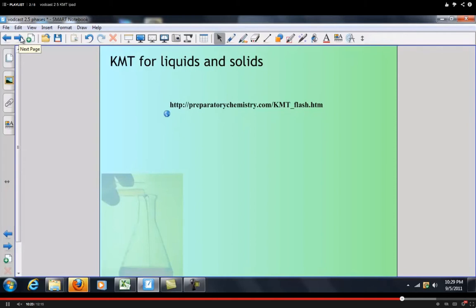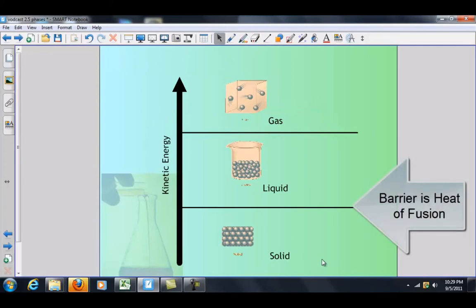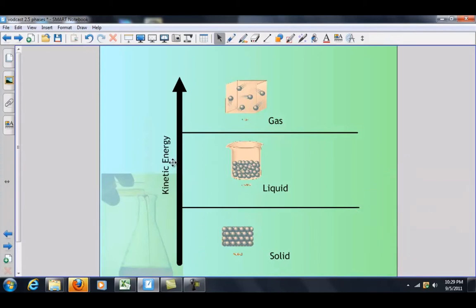So as a wrap up here, just make sure that you're understanding that if you have a higher temperature, you'll have faster moving molecules and therefore more kinetic energy. So here's just one little last diagram I'd like to show you. Notice that as kinetic energy is increasing, we're going from a solid at low kinetic energy, moving to this barrier point, sliding past this barrier, going up into a liquid phase.